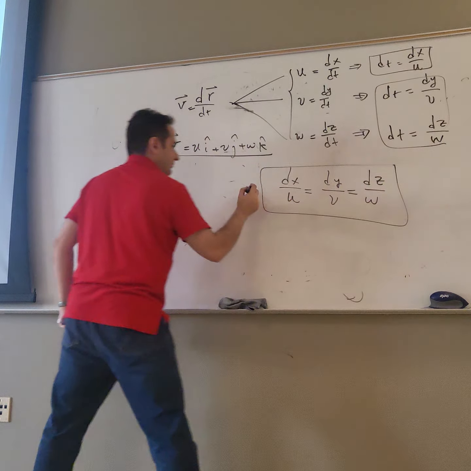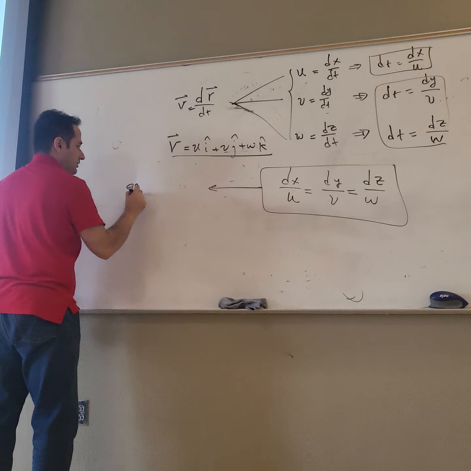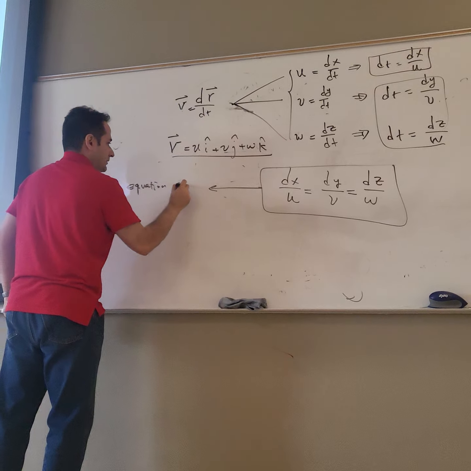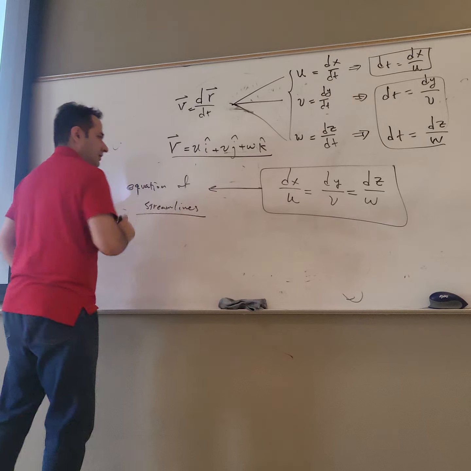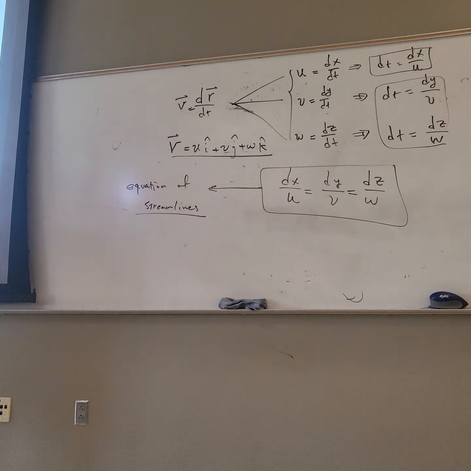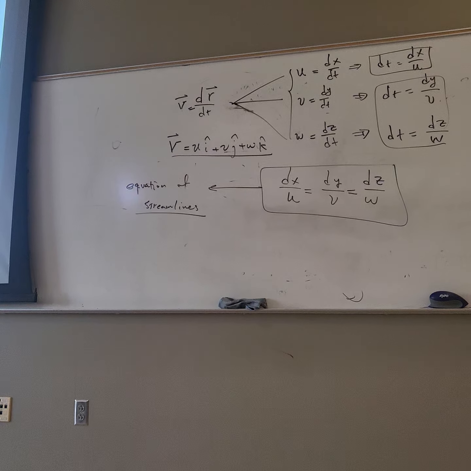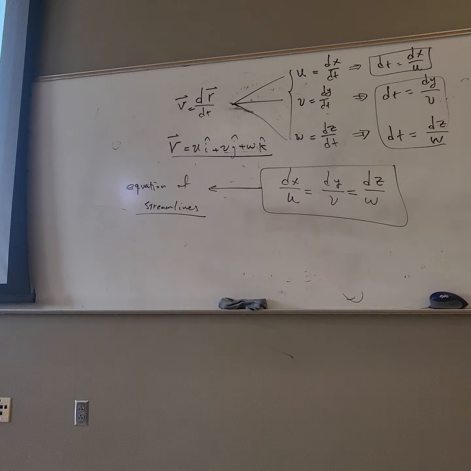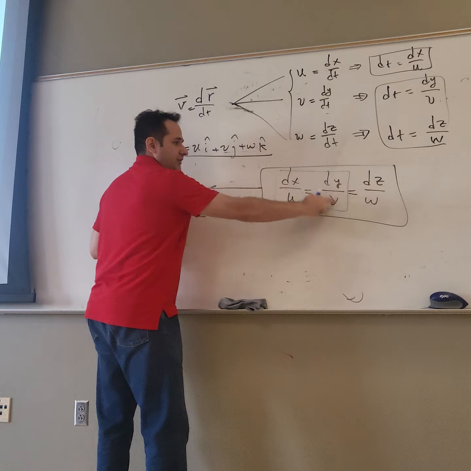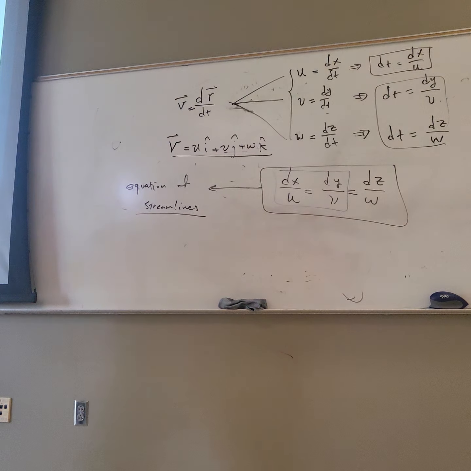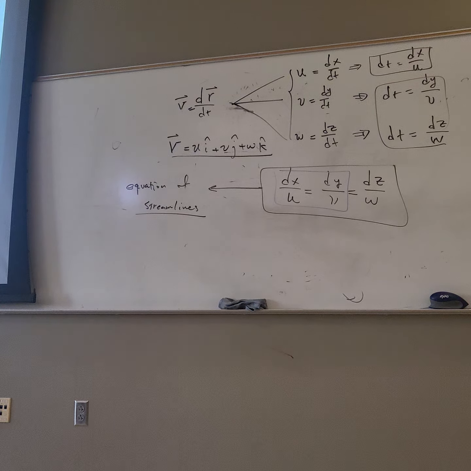This is called the equation of streamlines. That's exactly the same equation you see in this slide, but this is just one component of that. Just grab this part and rearrange it, bring u here, v here, and you get exactly that. Right? So let's proceed to the next slide.